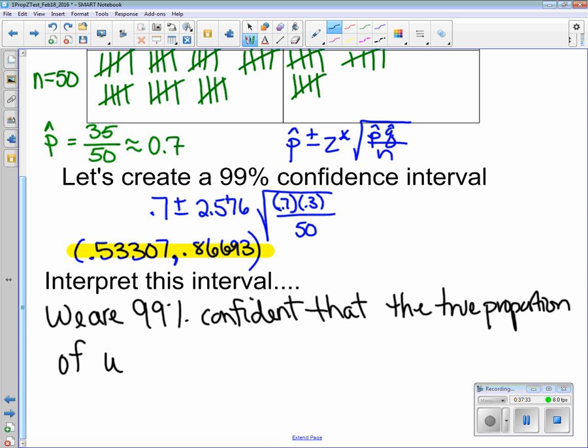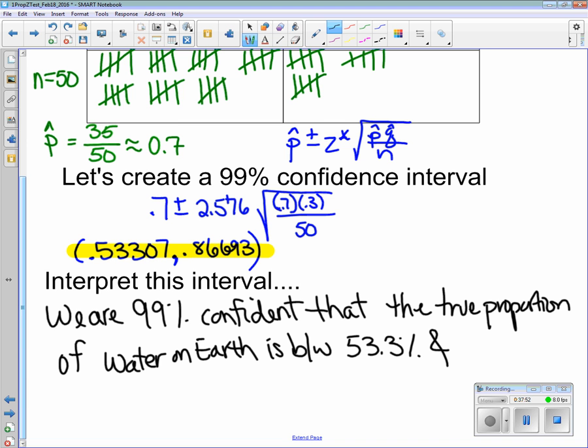Proportion of water on Earth is between 0.533, let's write percent since we're doing context, between 53.3% and 86.7%. Okay? That's going to be the interpretation of the interval.